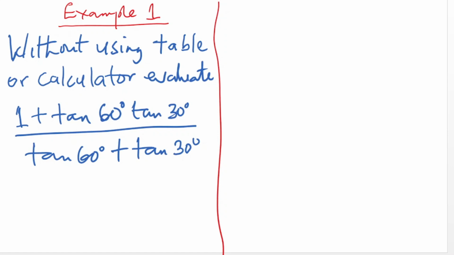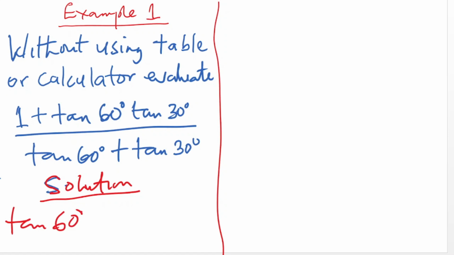Now the first thing you need to do is to find out what is tan 60 degrees. So in solution to this, the first thing is tan 60 degrees.